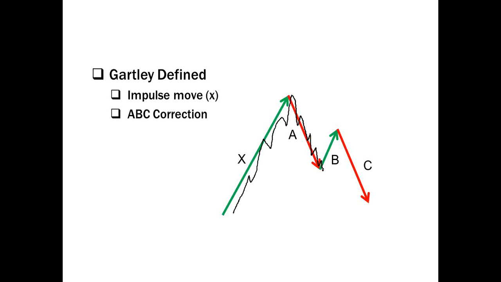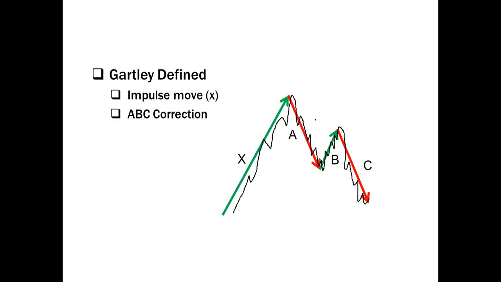And then a B is when that A corrects upon itself into a set of higher highs and higher lows. And then the C would be the market coming back down and breaking into another set of lower highs and lower lows. So this is just an impulse move with an A, B, C correction.